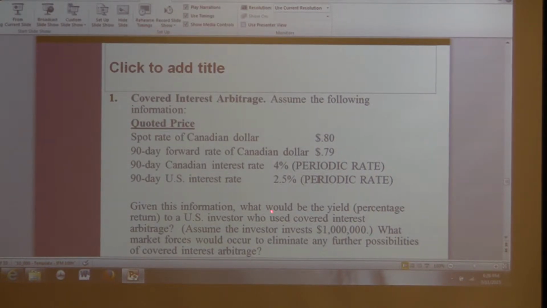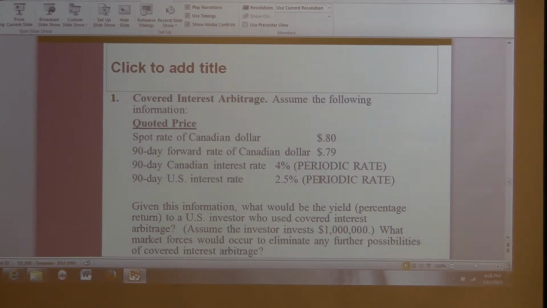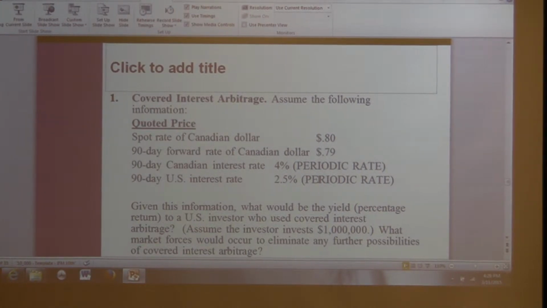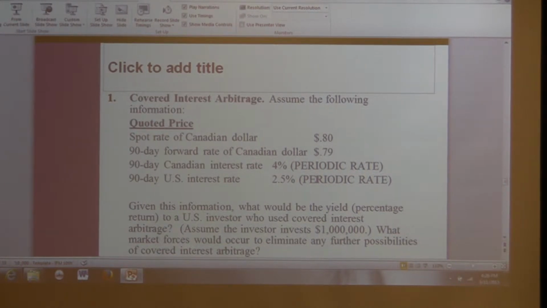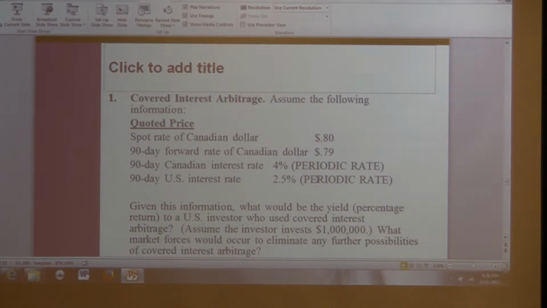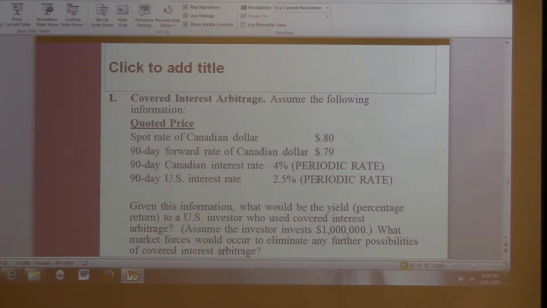If you kept your money in the US, you would have $1,025,000, okay? By doing this, you got $2,000 more. Okay, so here, you had $1 million. If you invested in the US, you got 2.5% interest, so you get $1,025,000. If you do this, you end up with $1,027,000.